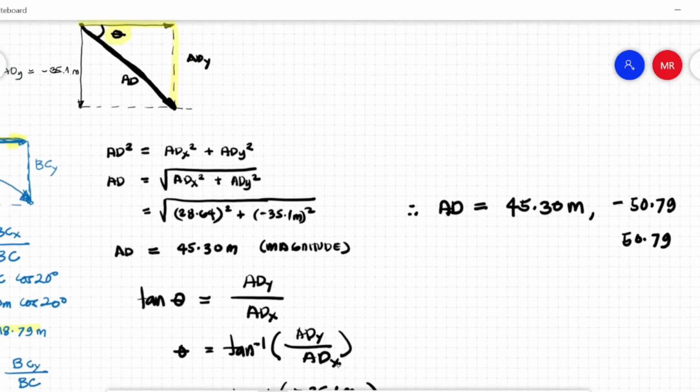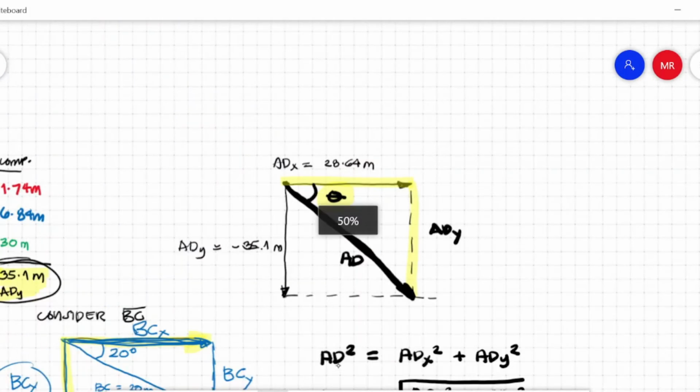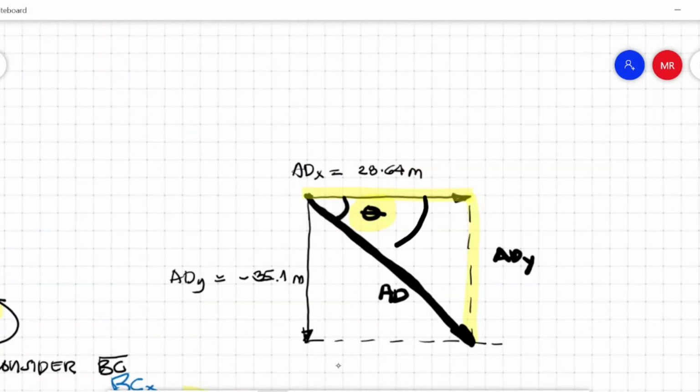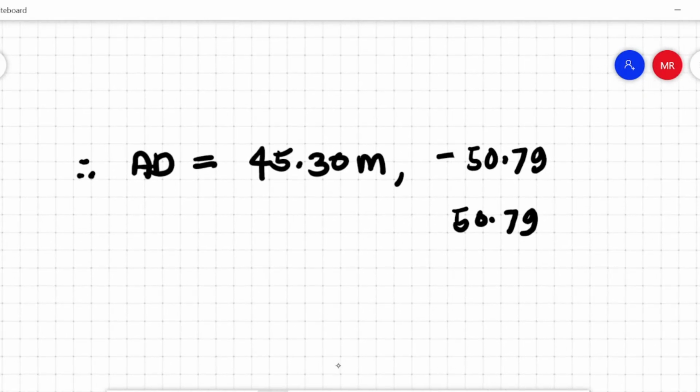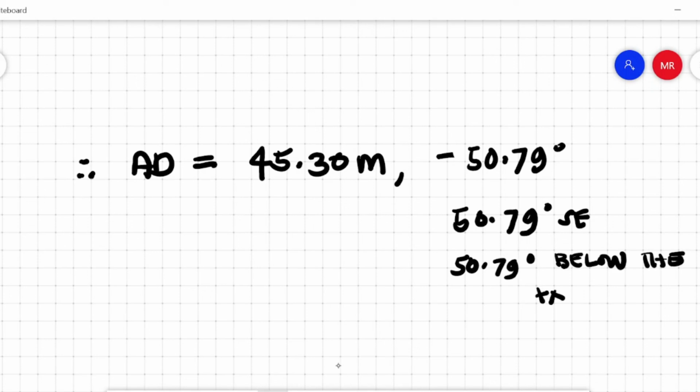If this is our angle theta, this direction is south of east, because this is your east and this is your south. So this is 50.79 south of east, or it is 50.79 degrees below the positive x-axis.